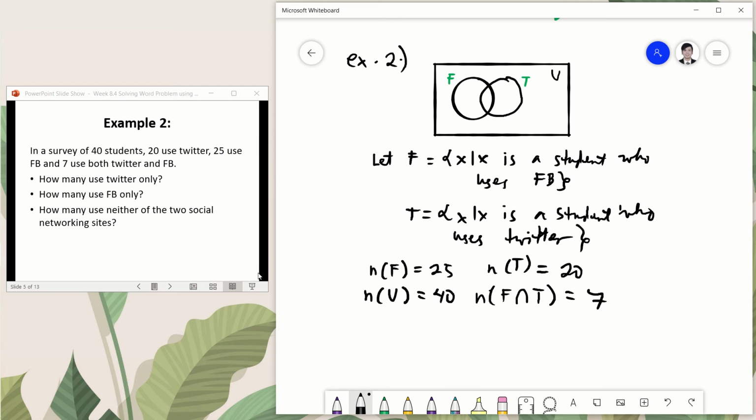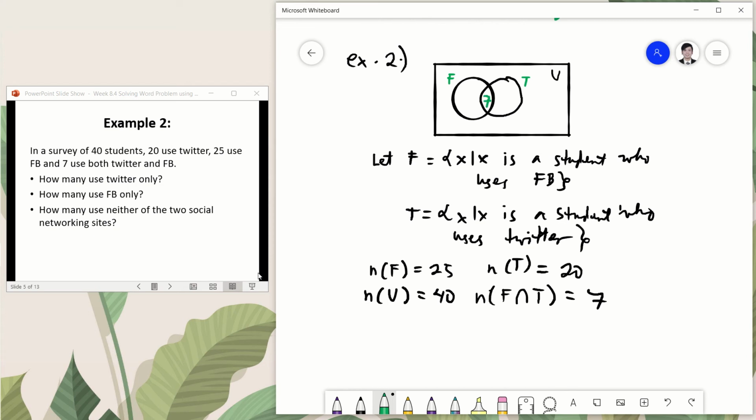So now what we will do is begin by putting 7 in its location, because we already know the exact region for the intersection. And that would be here. So you put 7.